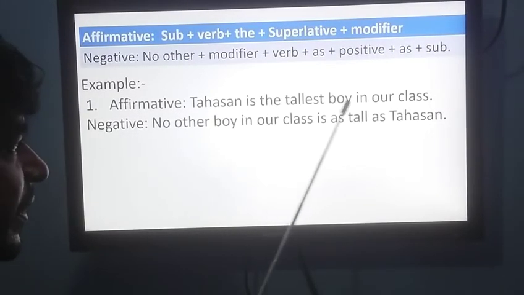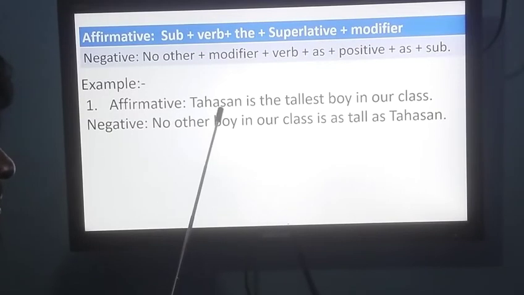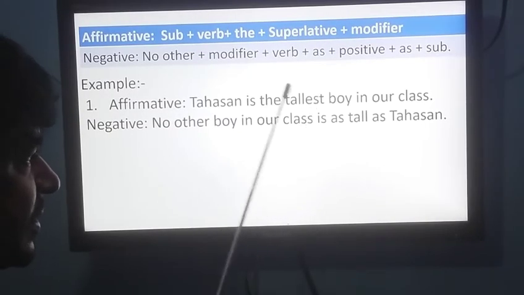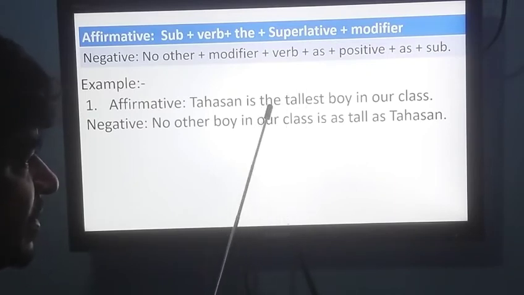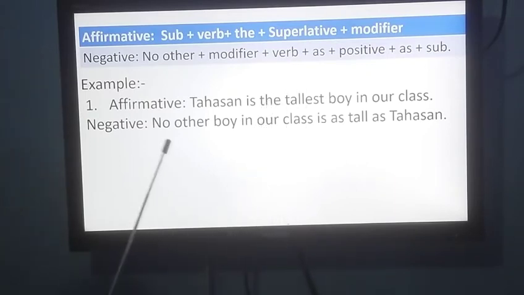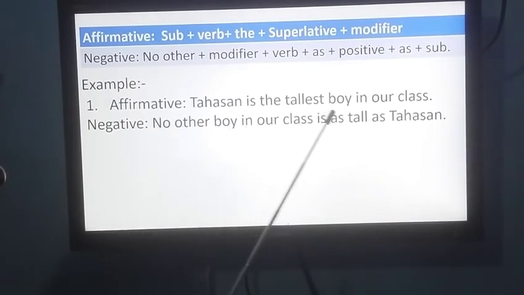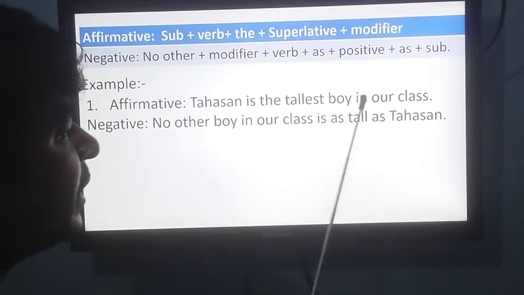Tahsan is the tallest boy in our class. Here Tahsan is the subject. Then "the tallest" is the superlative degree of the sentence. Now at first you have to use "no other", then the modifier of the sentence, so the modifier, "boy in our class".